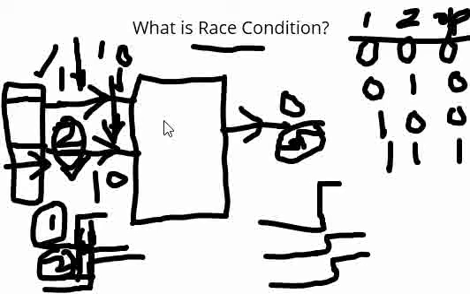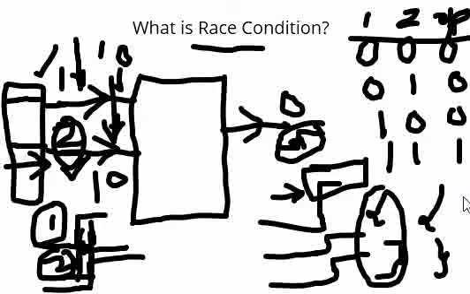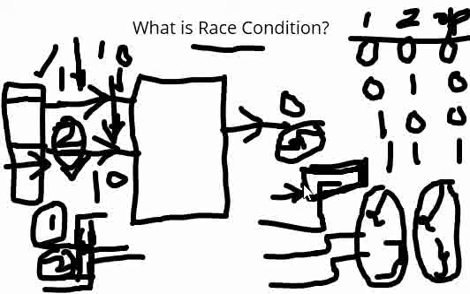Firmware race condition also is common. Let us assume we have a block of code which is executing, and there is one more block of code which is executing, and which is, let us assume, changing a common variable. Because of the execution of one code and at the same time the execution of another code, because of the difference in execution between these two, let us assume this variable state changes to a different state.